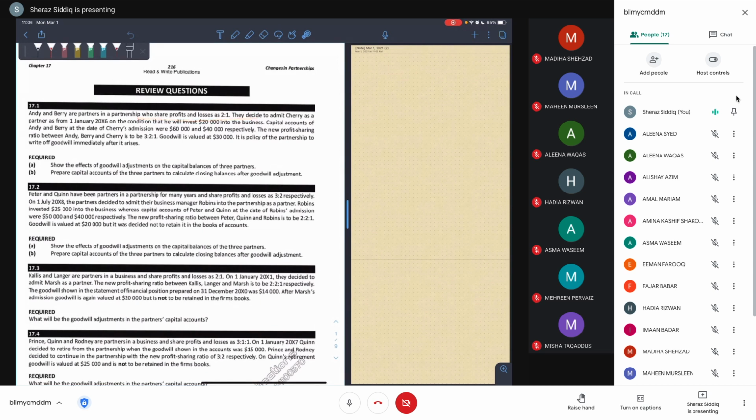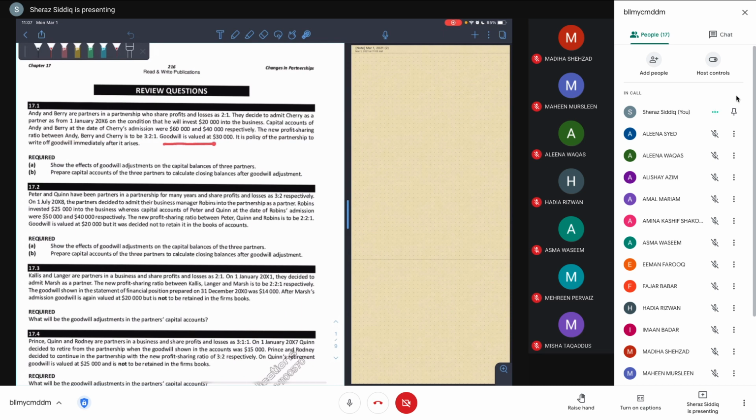They decided to admit Cherry as a partner from 1st January 20x6 on the condition that he will invest $20,000 in the business. Capital accounts of Andy and Barry at that date were $60,000 and $40,000 respectively, and the new profit and loss sharing ratio between Andy, Barry, and Cherry would be 3, 2, and 1.